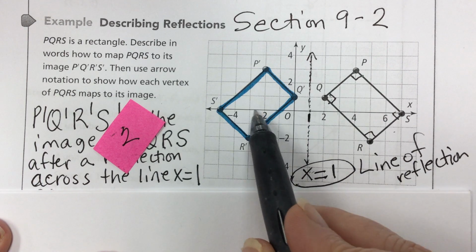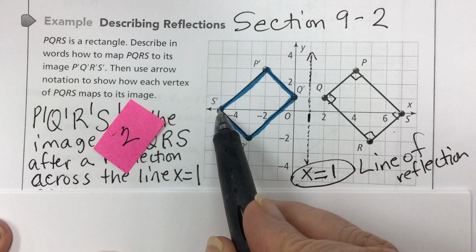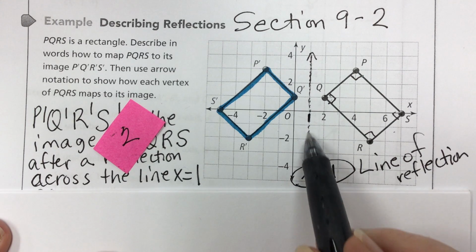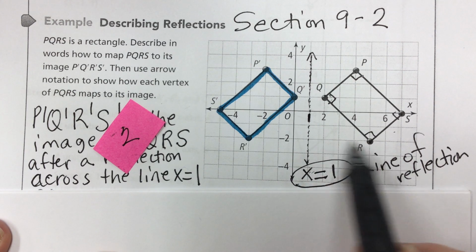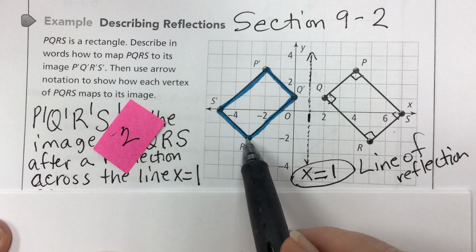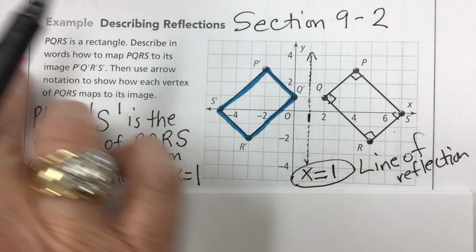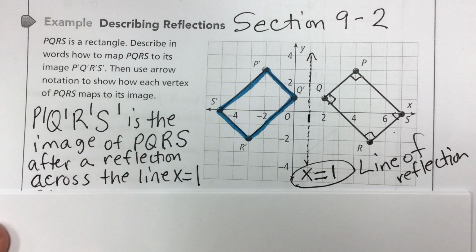So 1, 2, 3, 4, 5, 6 to the left is S prime. Now, always using this line of reflection as your starting point, 1, 2, 3, 4 to the right is R, so 1, 2, 3, 4 to the left is R prime. So my line of reflection on this problem was X equals 1.